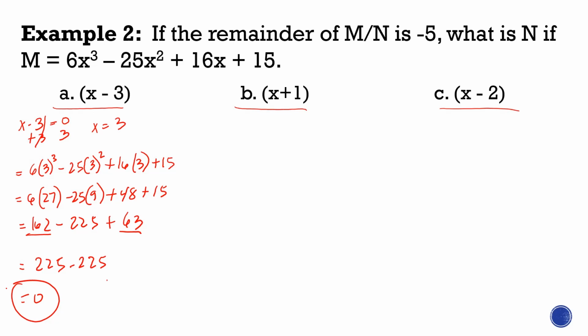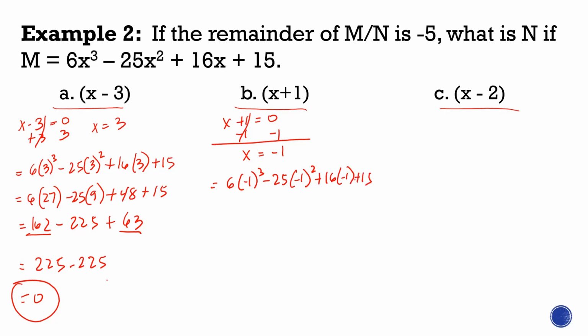Let's try letter B. For letter B, we have x plus 1 is equal to 0. Minus 1 on both sides, therefore x equals negative 1. So this is equal to 6 times negative 1 raised to 3, minus 25 times negative 1 squared, plus 16 times negative 1, plus 15. This is 6 times negative 1, minus 25 times 1, minus 16, plus 15.